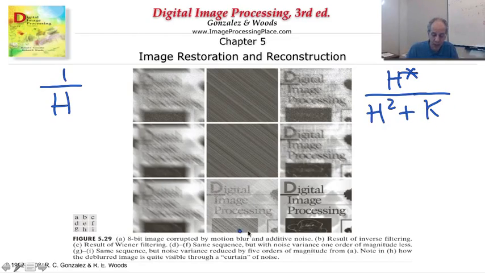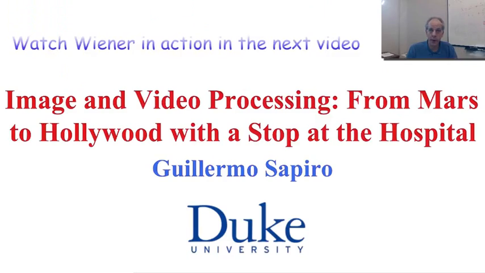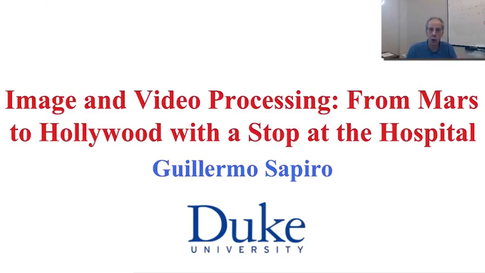And still, with the inverse filter, even if we know exactly h, it just doesn't do a good job. So I hope I convinced you that Wiener filtering is a very simple operation, and it can be extremely, extremely powerful. So with this we conclude Wiener filtering, and in the next video we are going to conclude the unit on restoration. Thank you very much.